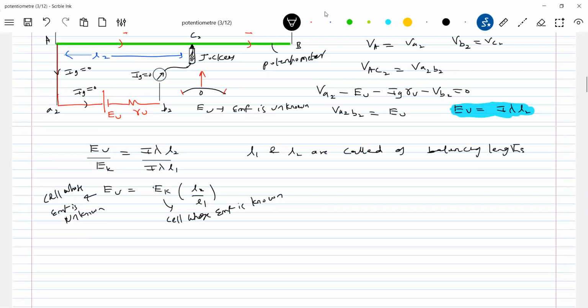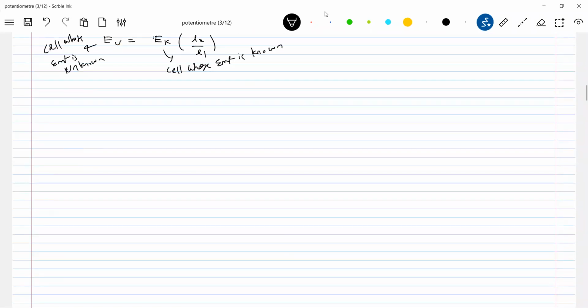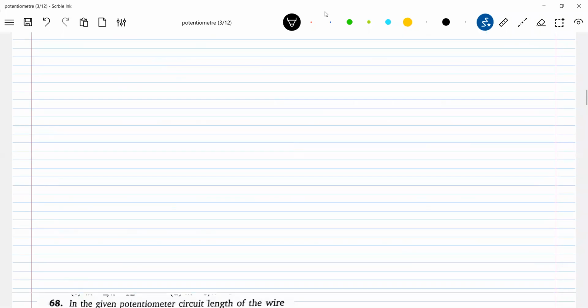Now, sir, if the current through the galvanometer is not zero, what will happen? That's where students get the maximum doubt. Even in numericals you get cases where the current through the galvanometer is not zero. This is called a key. I'll explain all this later. Now let me take two circuits.